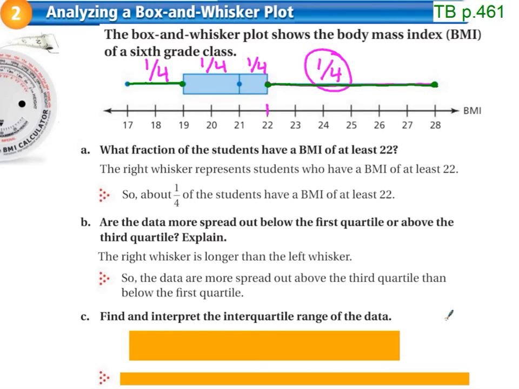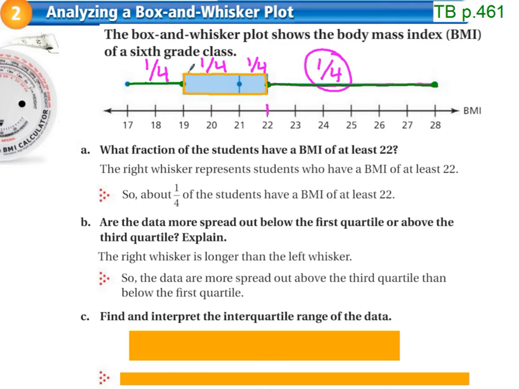Okay, and question C, find and interpret the interquartile range. Well, we've already talked about how we've divided the data up into quarters or into 25% portions. The interquartile range is the middle 50% of the data, which is everything that is within the box.